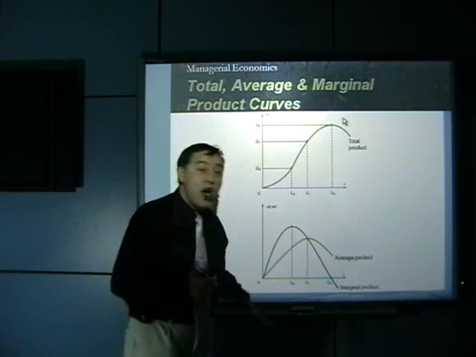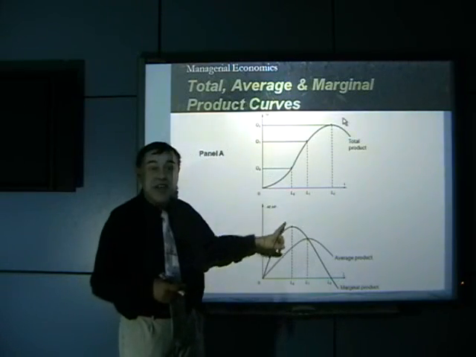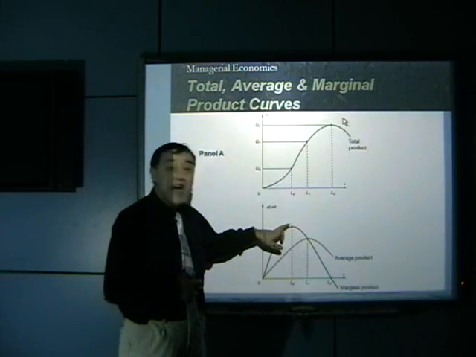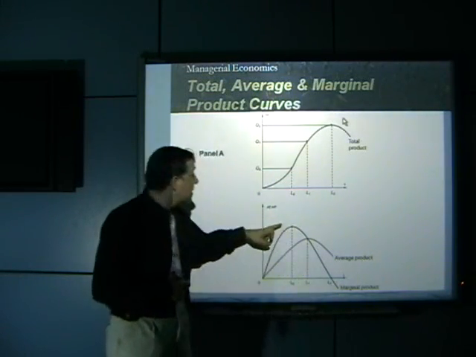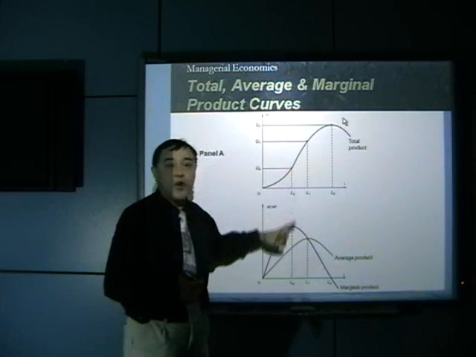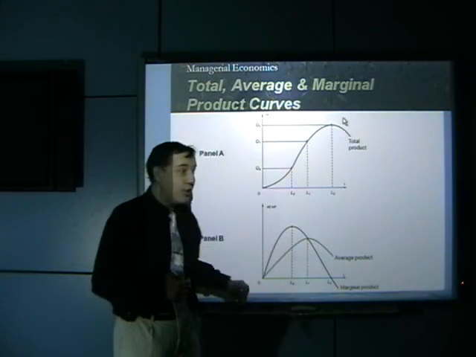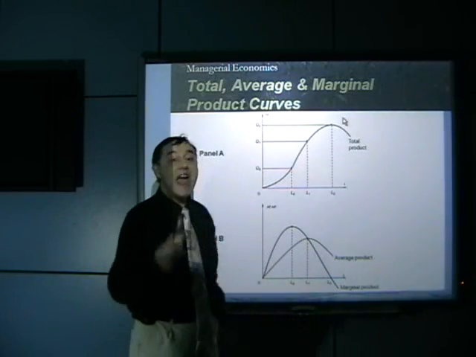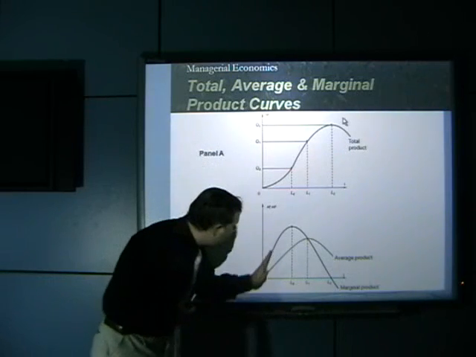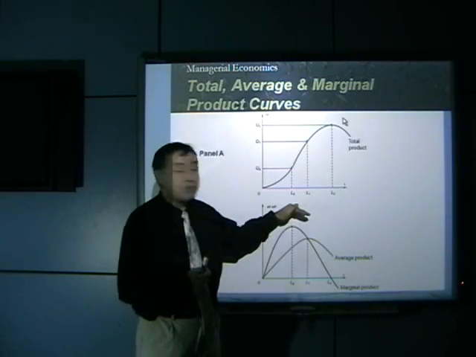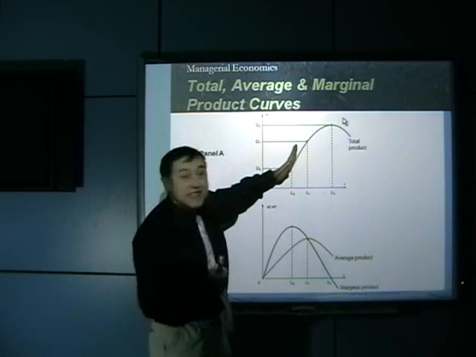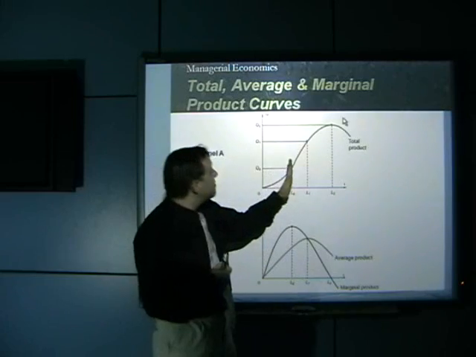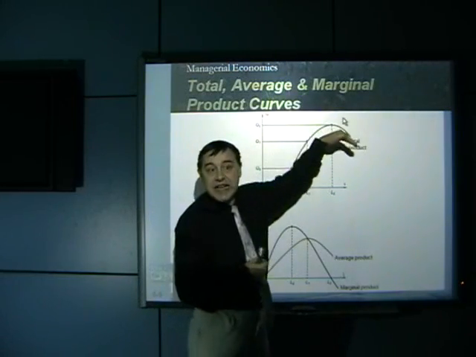Well, this L0, you see what it actually represents. It represents rising marginal product before the inflection point, and then it represents falling marginal product after the point. In other words, the rising marginal product will be represented by the accelerating curve, and the falling marginal product will be represented by the decelerating.